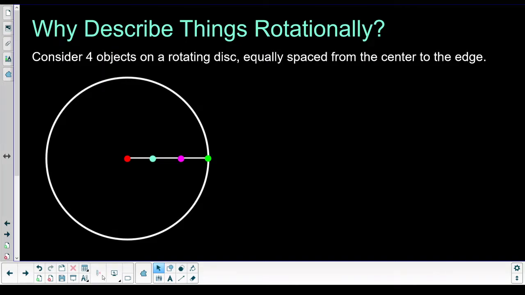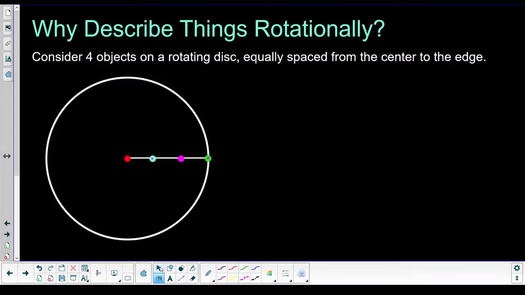So why describe things rotationally? Let's look at this sweet rotating disc that I made for us. We've got some points along our disc, and we want to figure out what the disc does when it spins, right? So let's put some dots real quick, just so that one will show up later.